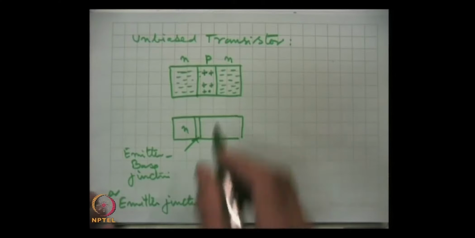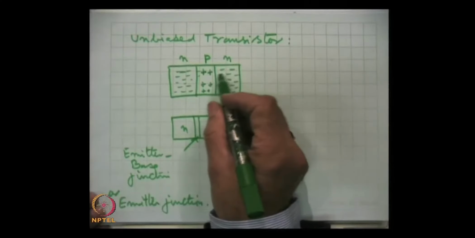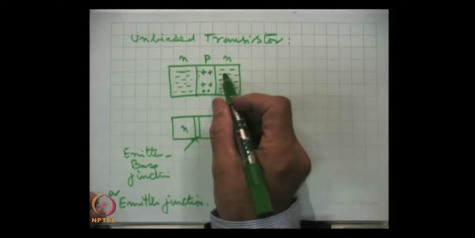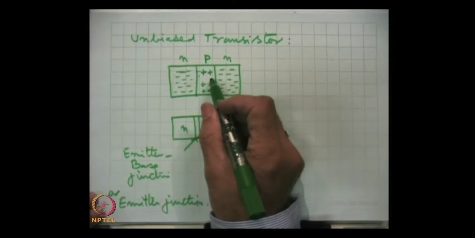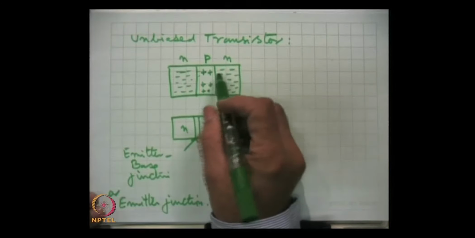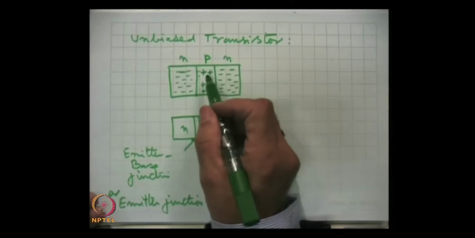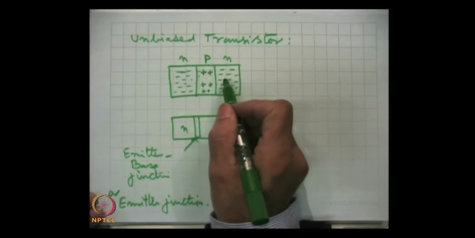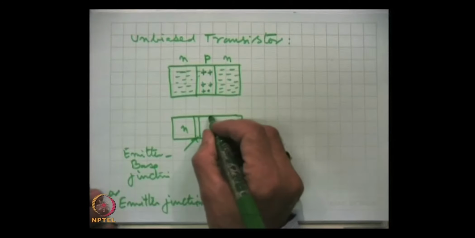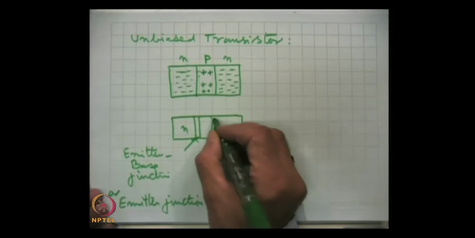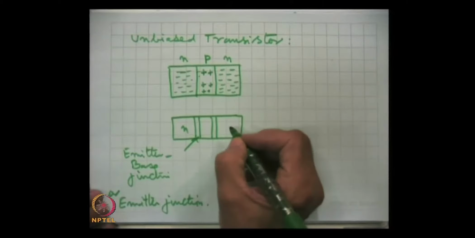Similarly, the diffusion of electrons will start from collector to base and fewer holes will diffuse from base to collector, and again for the same reasons as we discussed earlier, a junction will be formed here.